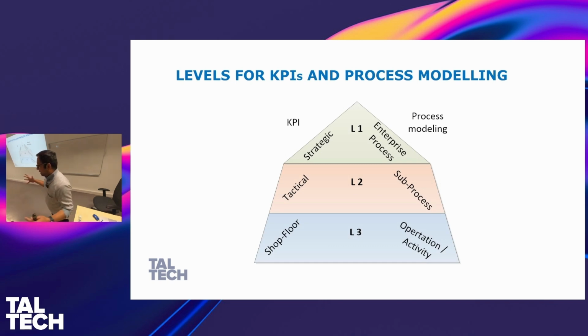And for the KPIs, as I said, it's quite a big topic, or actually I would say a big umbrella where we have different levels. For the operational level, we have different KPIs or performance parameters that we collect from the production floor, for the machines and others. Then we have the tactical one, which is the sub processes.